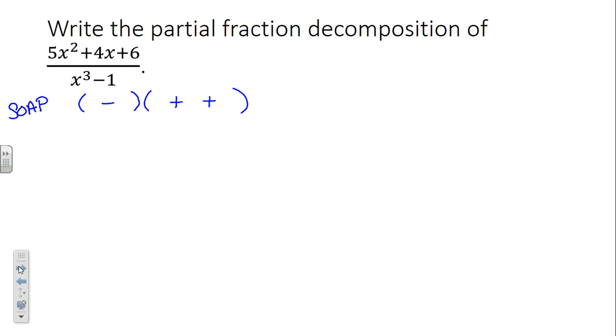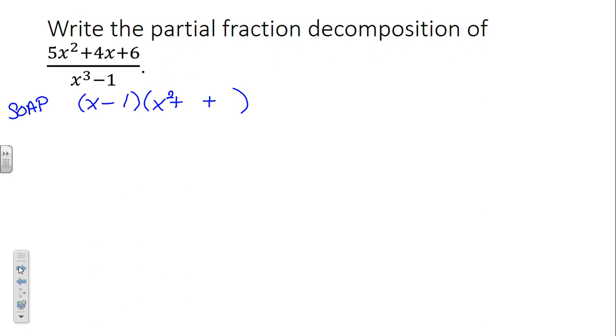Okay, so we've got our signs out of the way. What goes in the first spot of the binomial? X, the cube root of this guy, right? What goes in the second spot of the binomial? 1, the cube root of 1. What goes in this spot of the trinomial? The first one squared, so x squared.